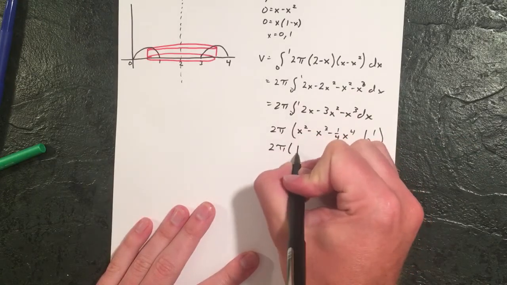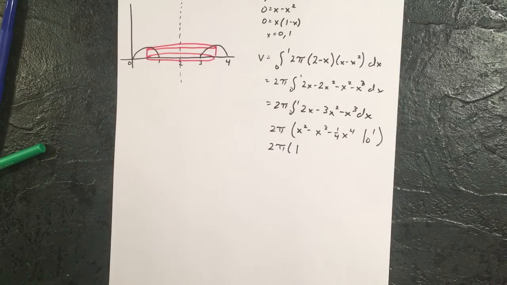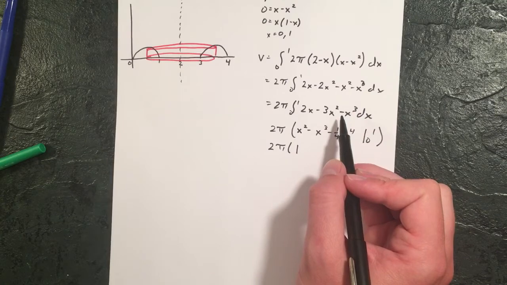So we have what? Did I mess something up here? I might have messed something up. We should have an x to the third that's positive. What did I mess up?